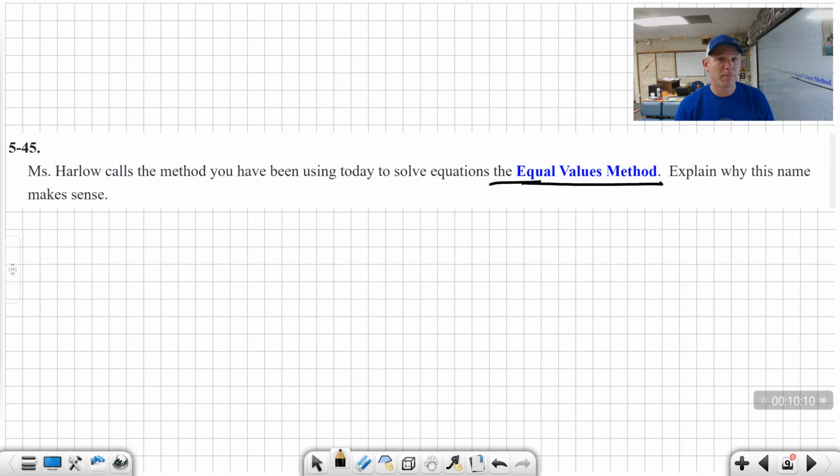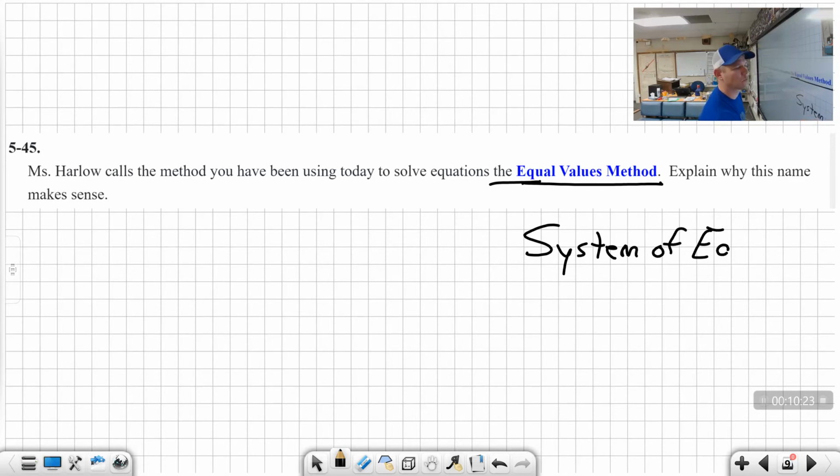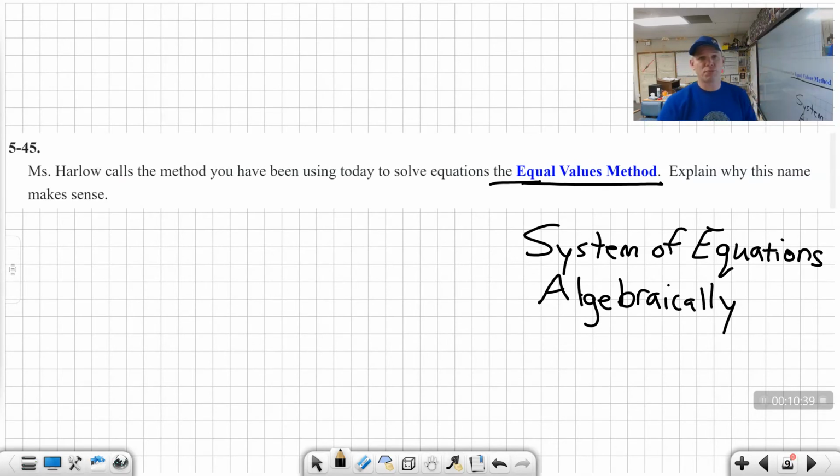The equal values method is solving a system of equations algebraically.